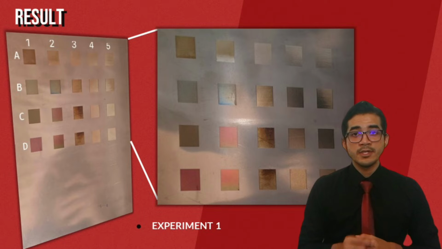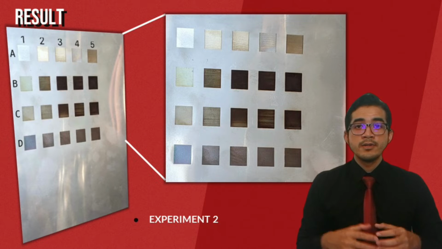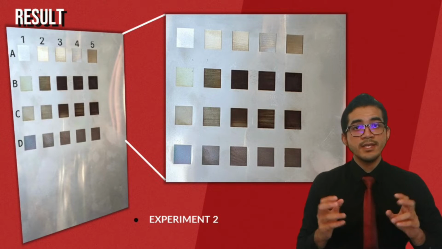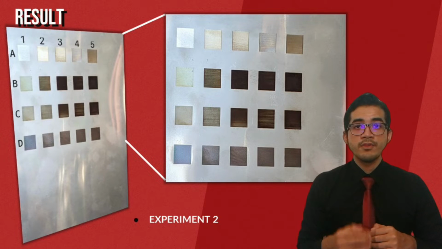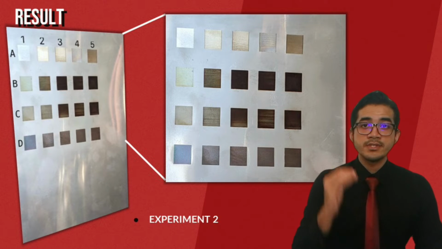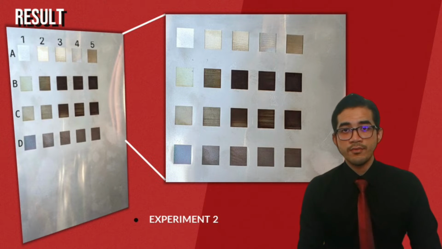So we move to the result of experiment 2. For experiment 2, the tagging method is the same as the previous square: columns A, B, C, D, and rows 1, 2, 3, 4, 5.